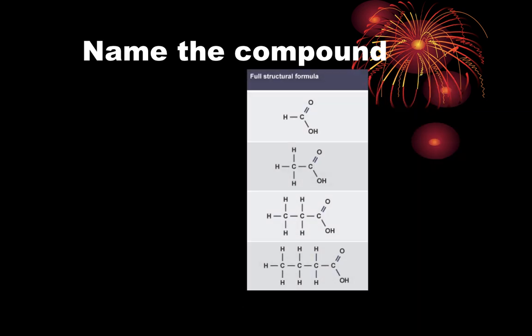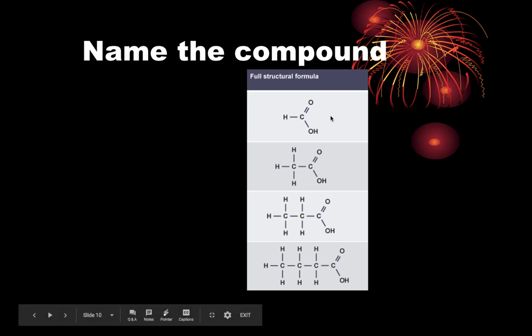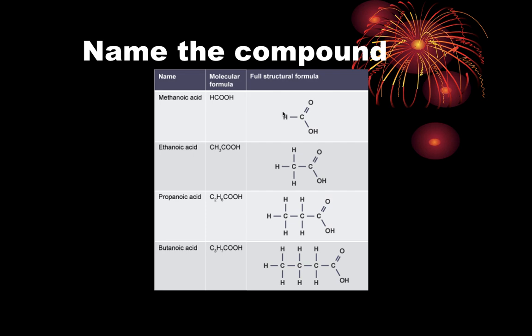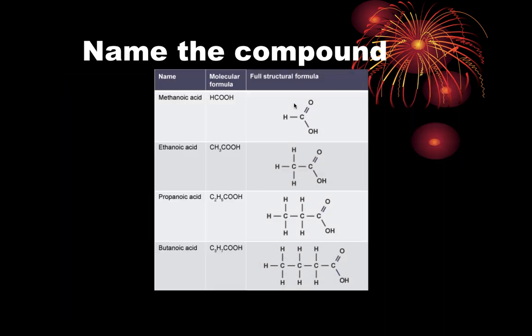The second thing you need to be able to identify is an organic acid. So here we know it's an organic acid because we've got the double bonded oxygen, called a carbonyl group, and a hydroxyl group. They're bonded together. It's a carboxylic acid, so we put the word acid on the end.